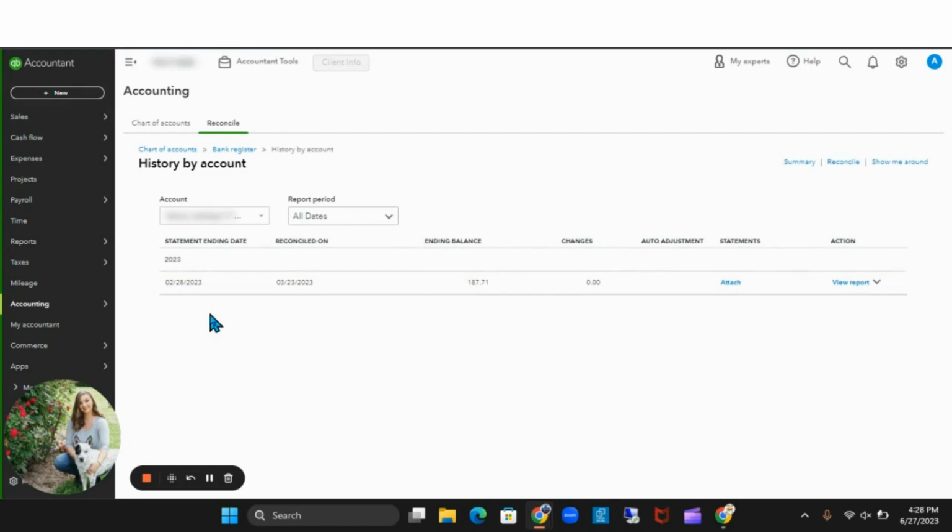It should have been January 1st to January 31st is the first month that's been reconciled, and then February. So I'm not quite sure why this is the case, but that is going to have to be changed. We'll probably have to undo it so that we can go back a little bit further and then reconcile January forward. But if there were changes or errors, you would see right here, it would say an amount that it's been changed by. Let's look at some of the other accounts and see if there's anything else that we can find.